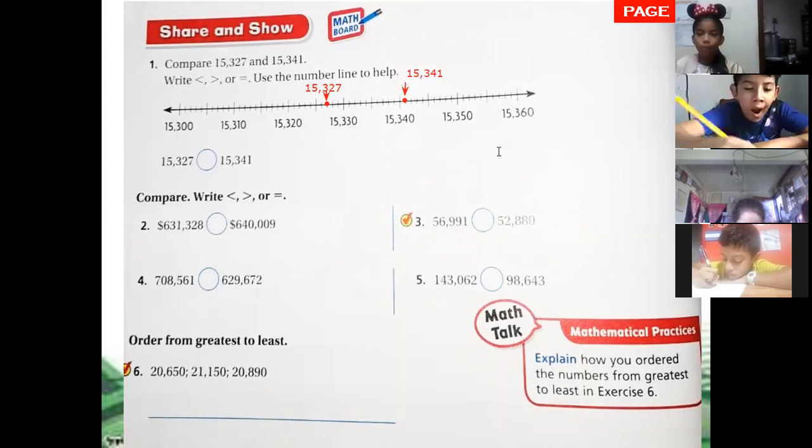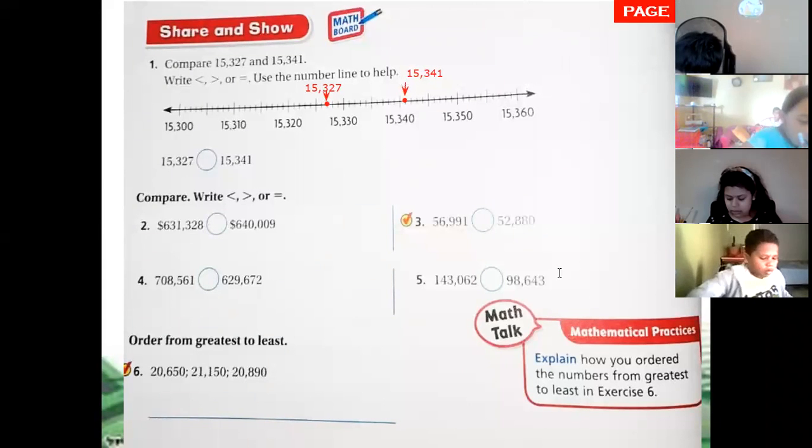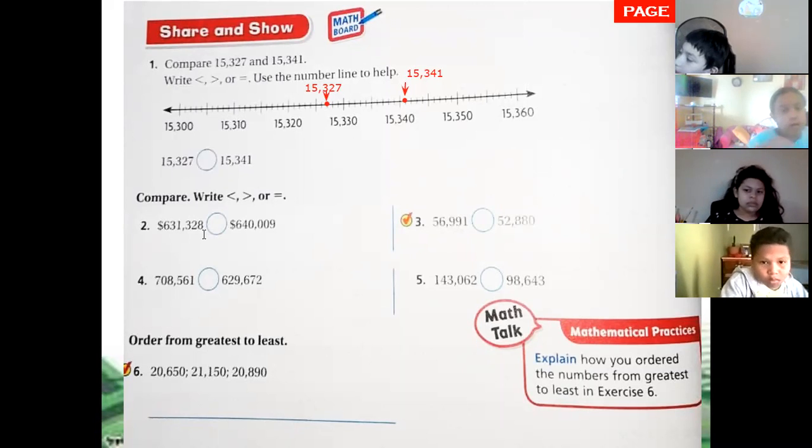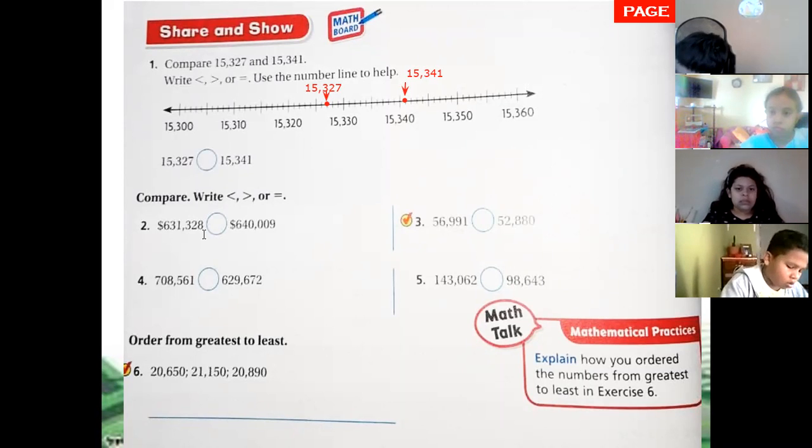Okay, now that we already located the numbers on the number line, we can say what the relationship is between 15,327 and 15,341: is it less than or greater than?